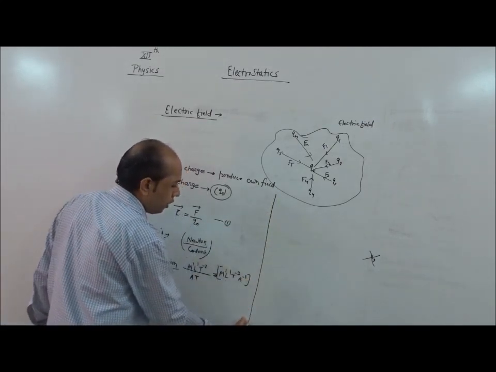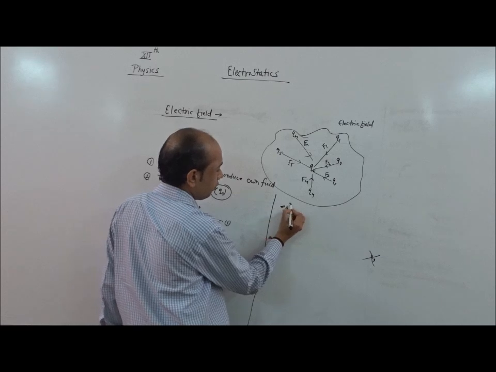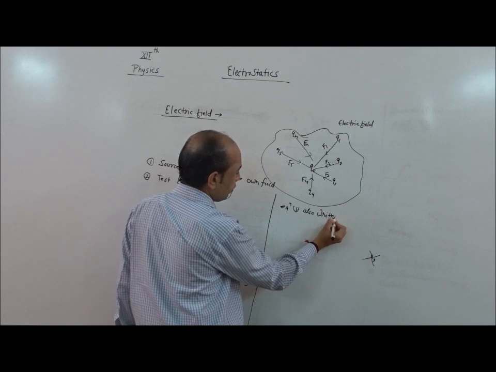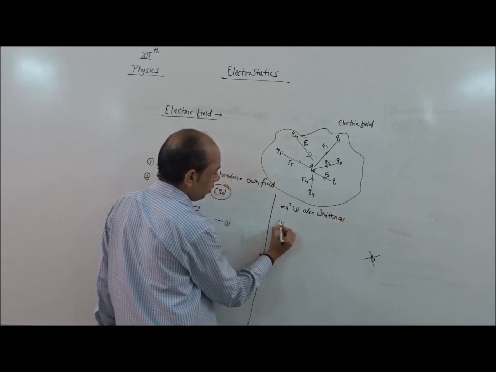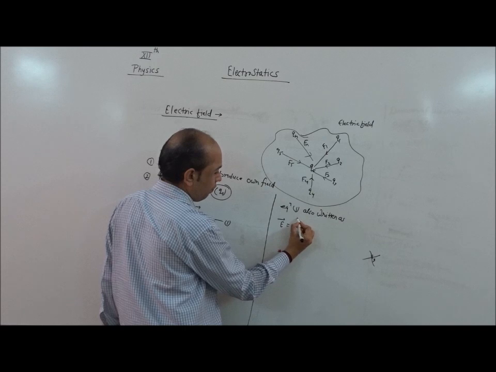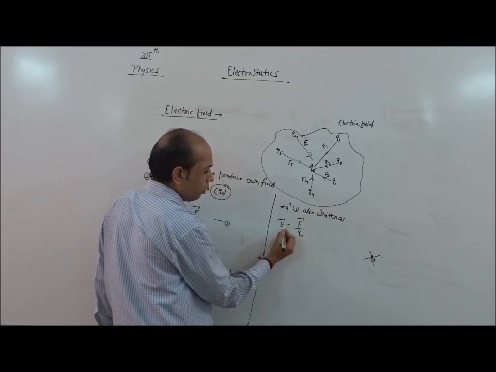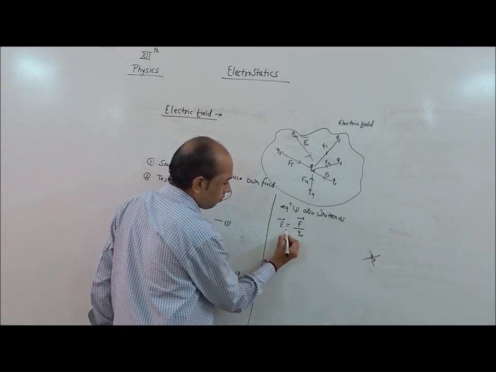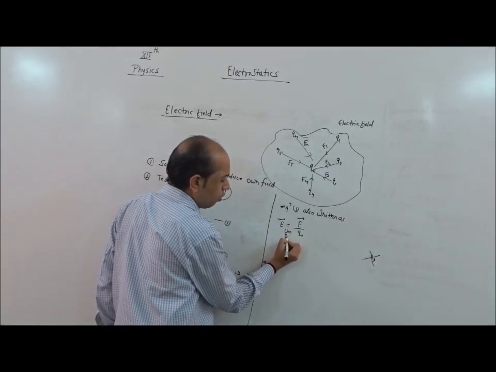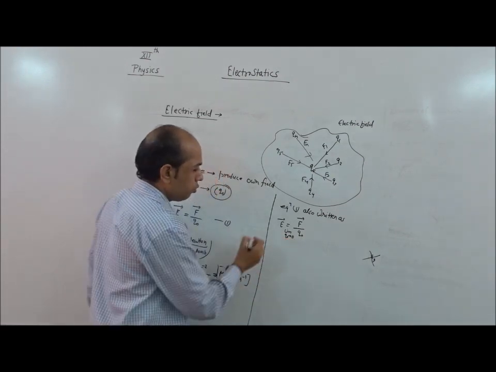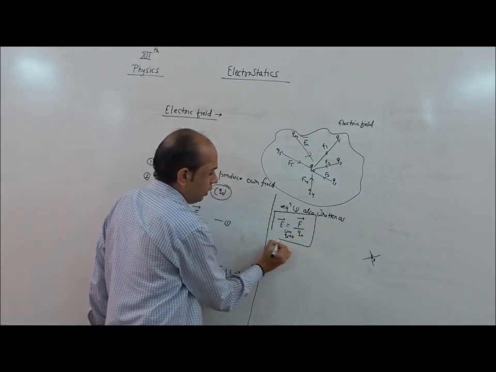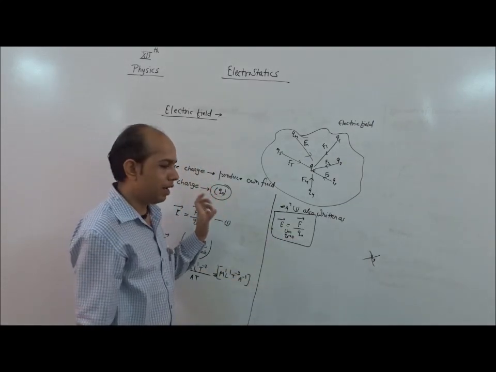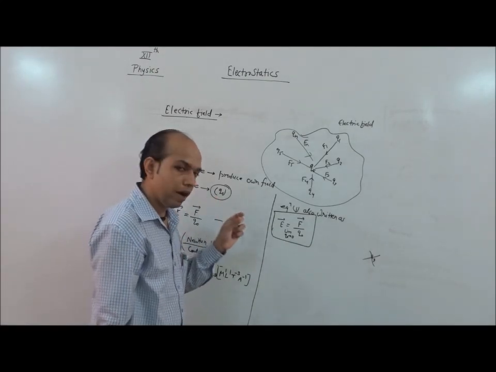Equation one is also written as E equals F vector upon Q naught. Here we use some mathematical description: limit Q naught tends to 0. This is the way to represent the electric field, because as I already told you, Q naught is the test charge and its magnitude is quite low.